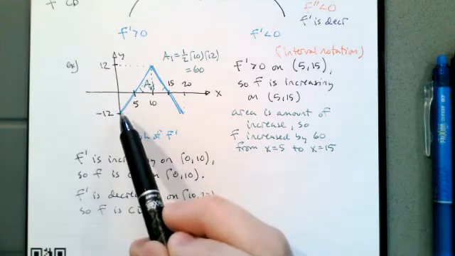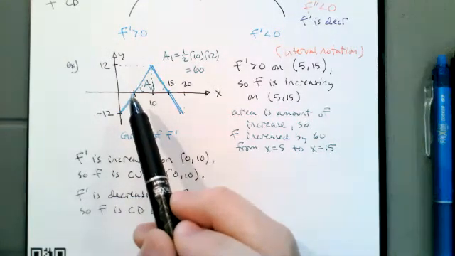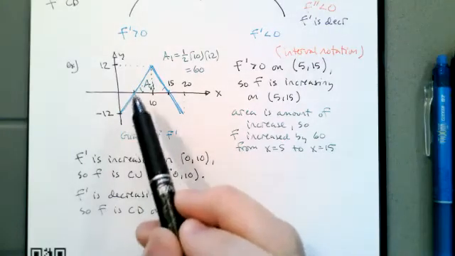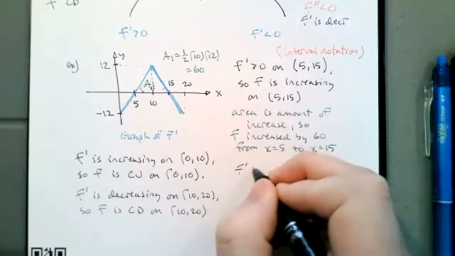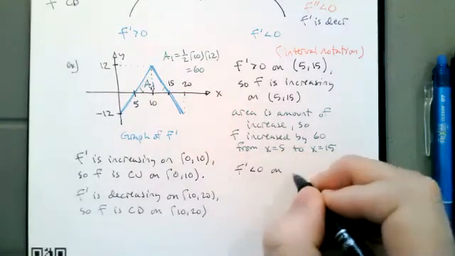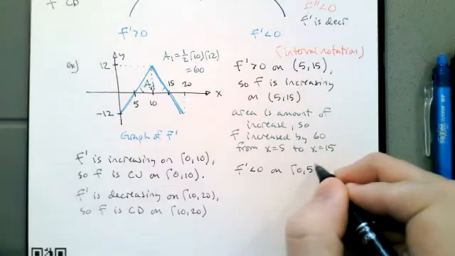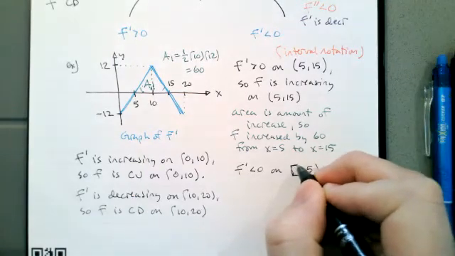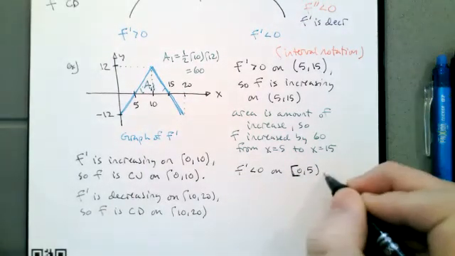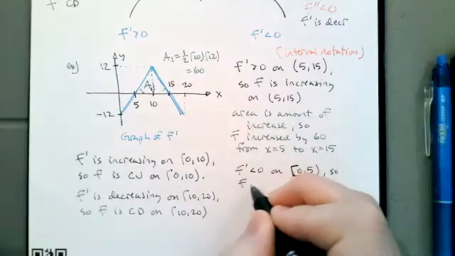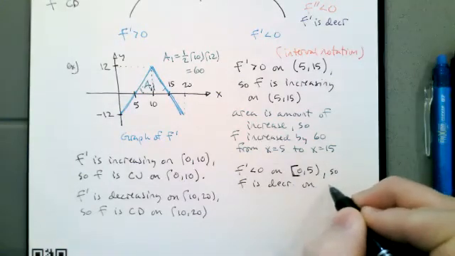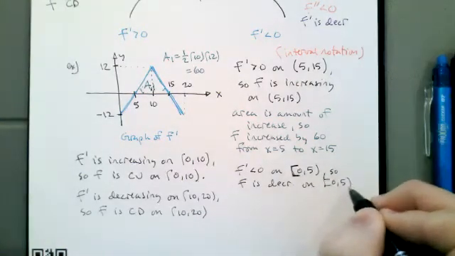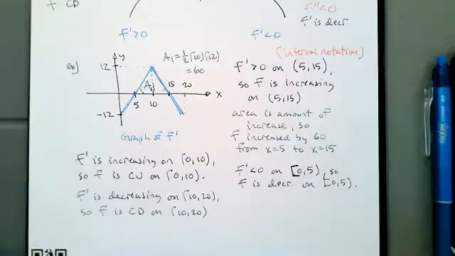So if we look at the first derivative from 0 to 5, the first derivative is negative on the interval from 0 to 5. So f prime is negative on the interval from 0 to 5. I guess it is negative at 0, so I can include 0 there. So f is decreasing on the interval from 0 to 5. And the area would tell us how much.